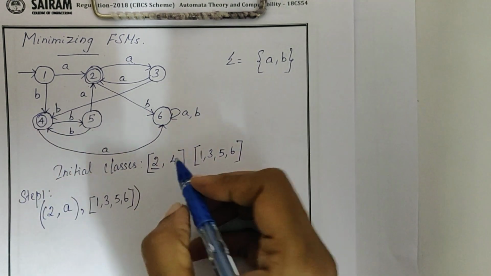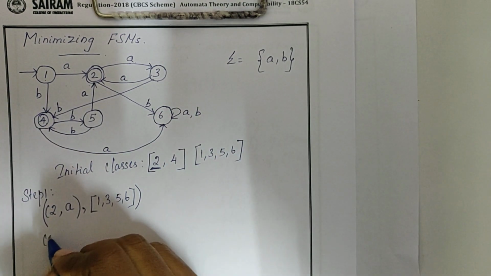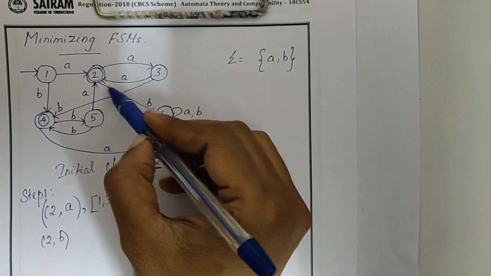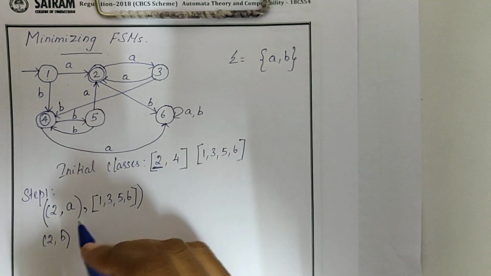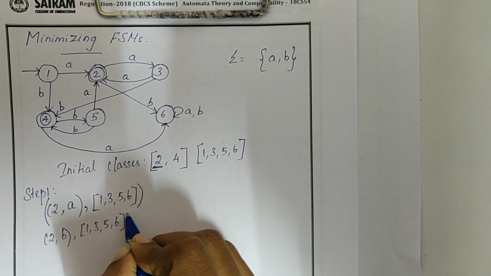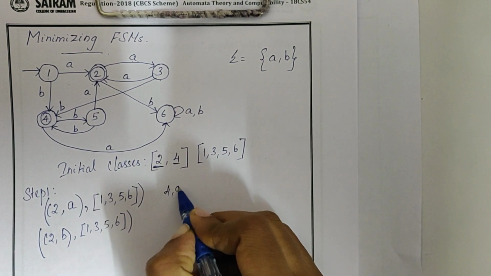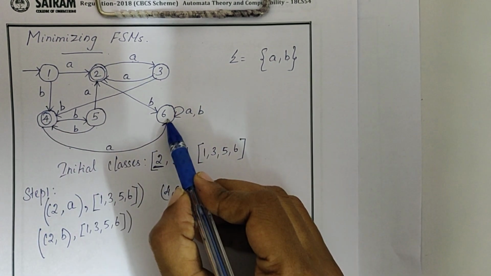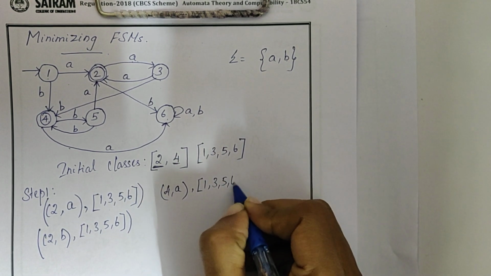Next, for the same state, alphabet B. 2 comma B: when 2 takes B input, it is moving to 6. 6 is in which class? 1, 3, 5, 6. Next, 4 comma A: when it takes A, it is moving to 6, so the class is 1, 3, 5, 6.